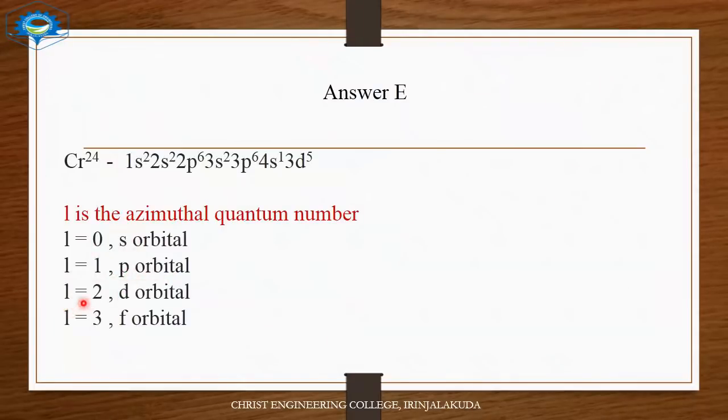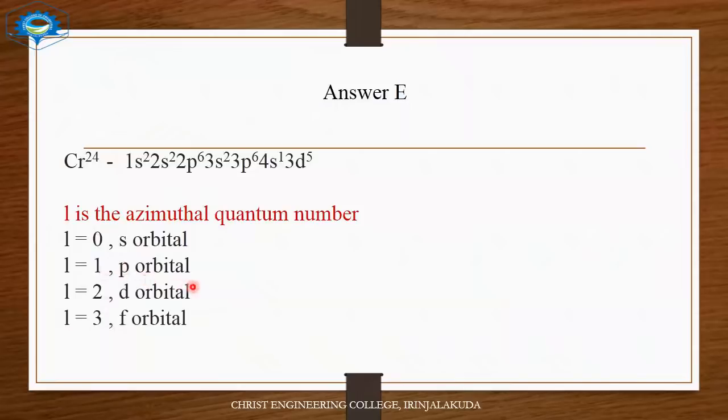If L is equal to 1, then it will be a p orbital. If L is equal to 2, then it will be a d orbital. L equal to 3 is an f orbital. So from the azimuthal quantum number, we can determine the shape of the orbital, s, p, d, f, for 0, 1, 2, 3 respectively.